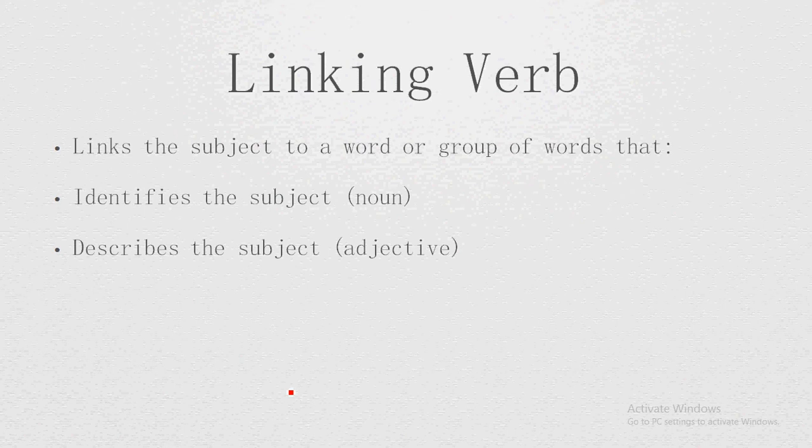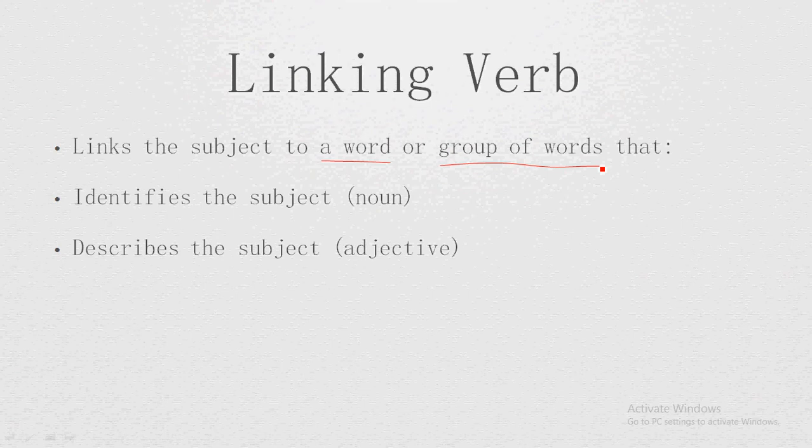So we said a linking verb links or connects the subject to a word or group of words, and that word or those group of words identifies the subject. That word or group of words can be a noun.